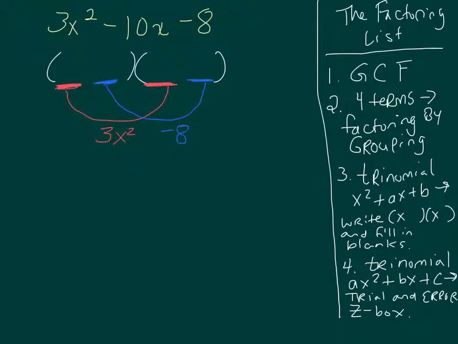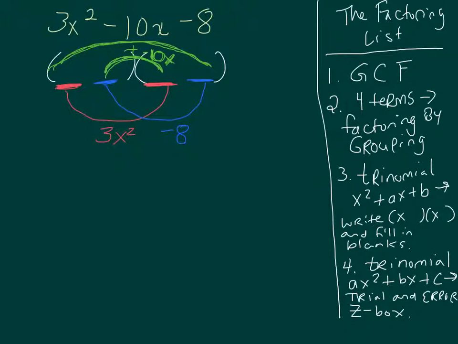But we also need to find terms such that when I multiply the first and the last and the 2 inner terms, I need to be able to add those together to get negative 10x.